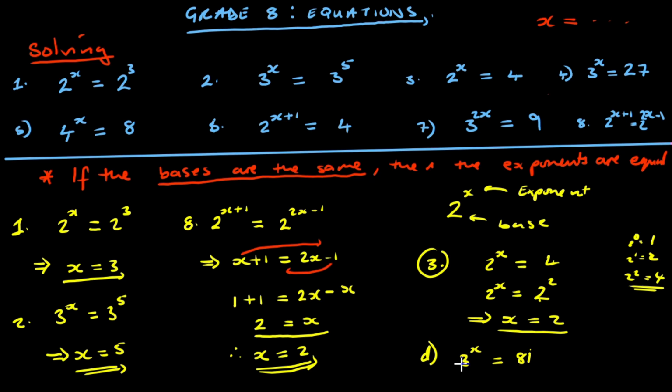You are going to think: 3 to the power 0 is 1, 3 to the power 1 is 3, 3 to the power 2 is 9, 3 to the power 3 is 27, and 3 to the power 4 is 81. So instead of writing 81, I'm going to write 3 to the power 4. It saves me if I know this. So it implies that my x is equal to 4.